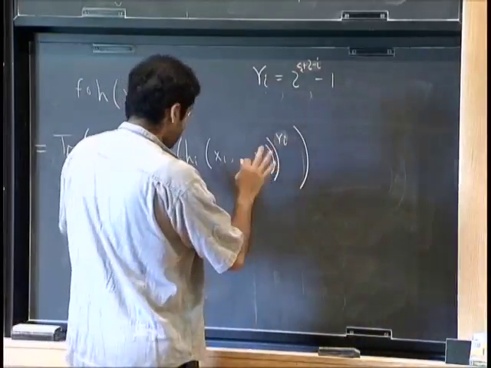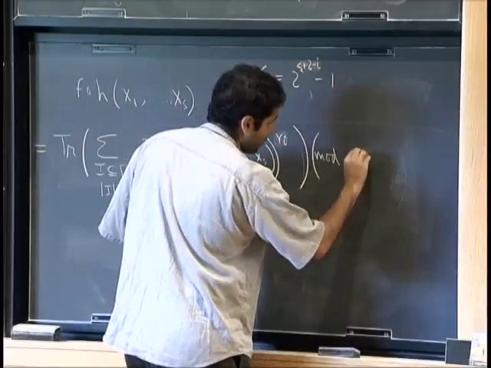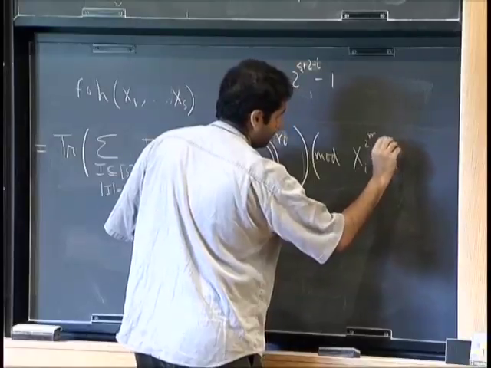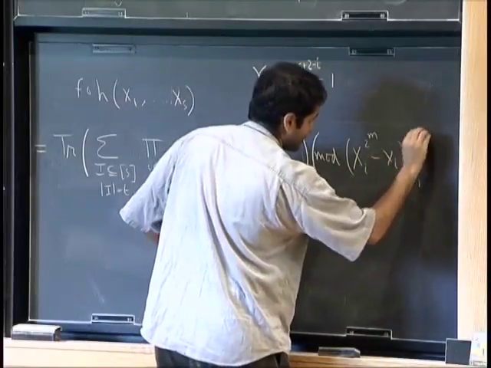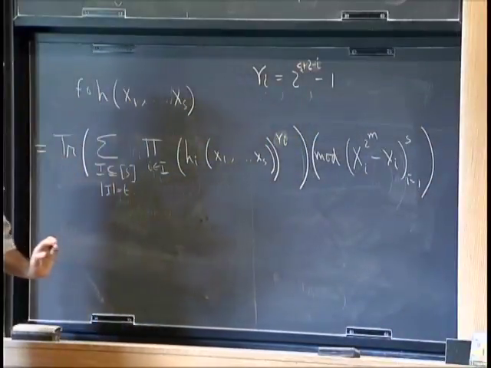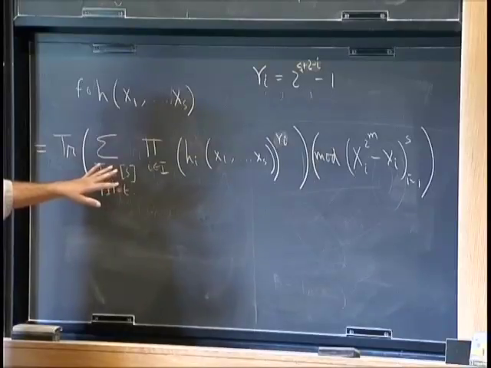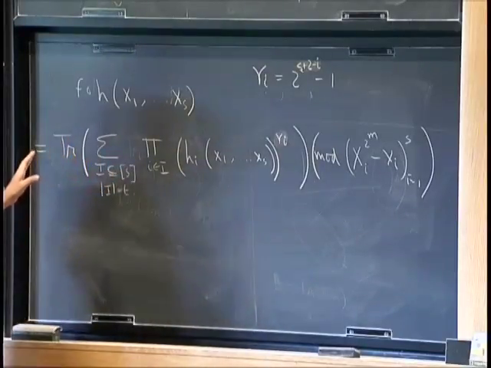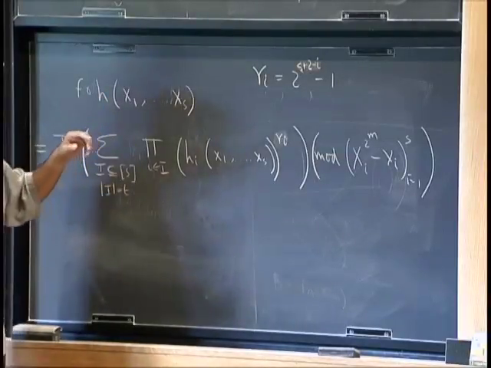So the precise thing that we want to study is to take this and reduce it mod xi to the 2 to the m minus xi as i goes from 1 to s. This is all inside the trace. Oh, this is outside the trace. It's outside the trace. So the trace will matter because it will sum things up.